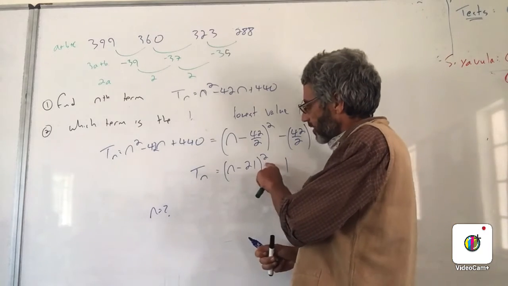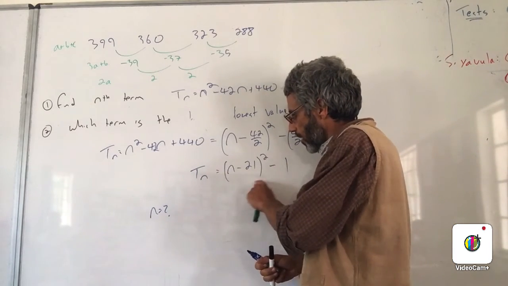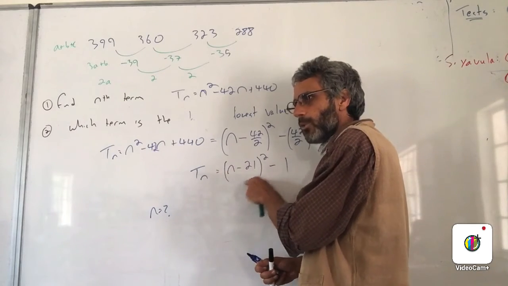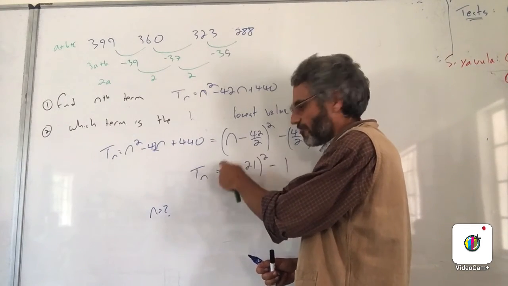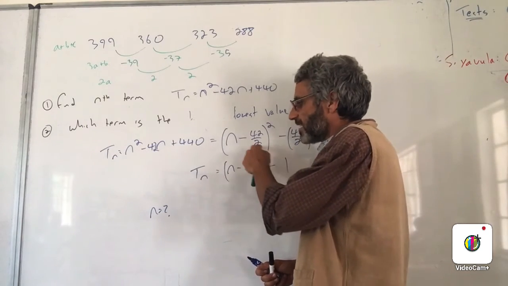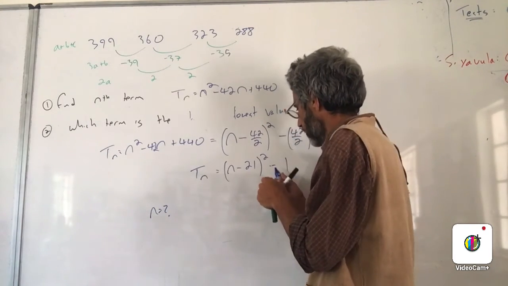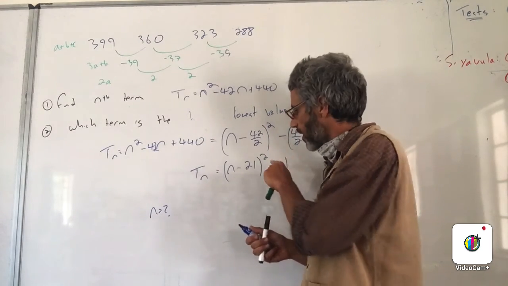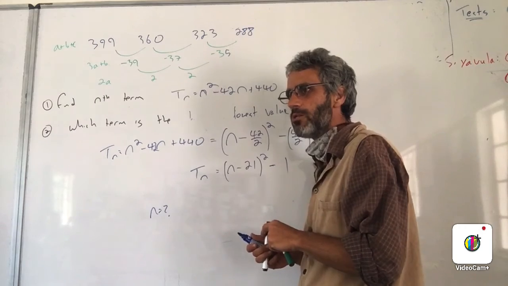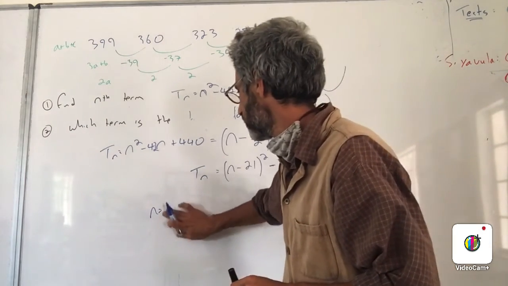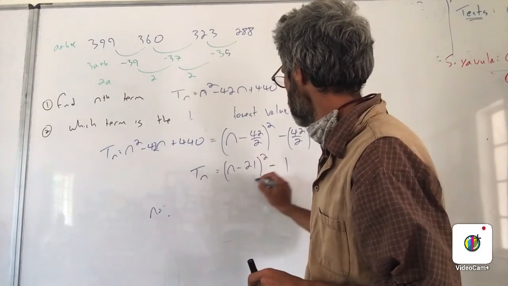Now, look, this thing, because it's squared, what do you know about this thing? It's forever positive. If I square something, it's never going to be negative. It's positive, right? Okay? So this thing is positive, but there's one value where it's the lowest, which is 0. When is this thing 0? When n equals?